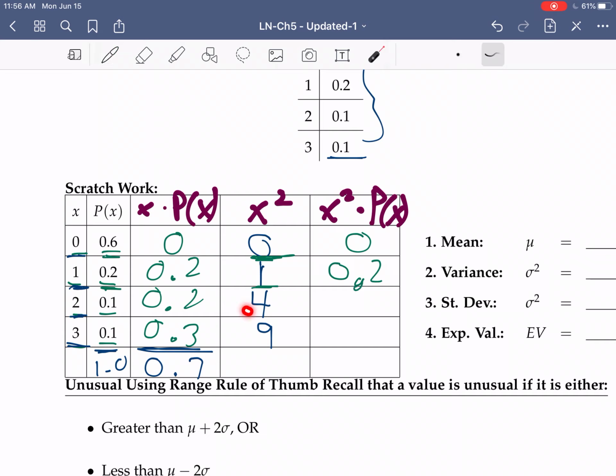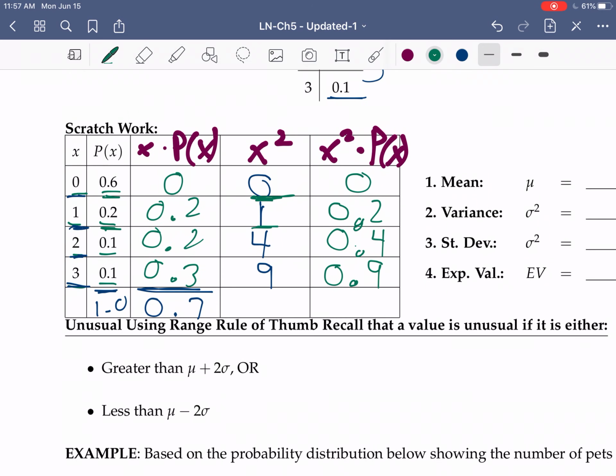We have this value of 4 right here, times the 0.1, which is 0.4. We have this 9 right here, times this 0.1, which is 0.9. So we add that column up, and we get 1.5.